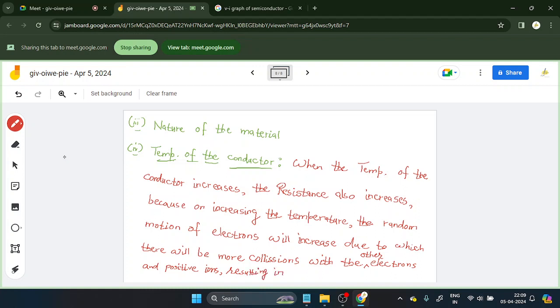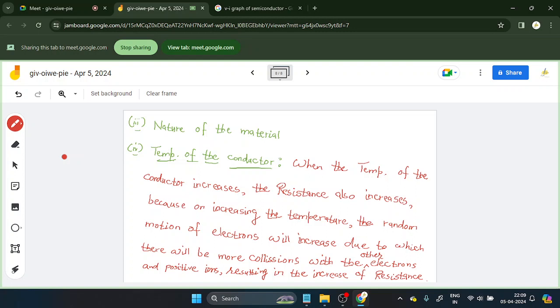Very important point. I hope it is clear to you. So it also depends upon the temperature.